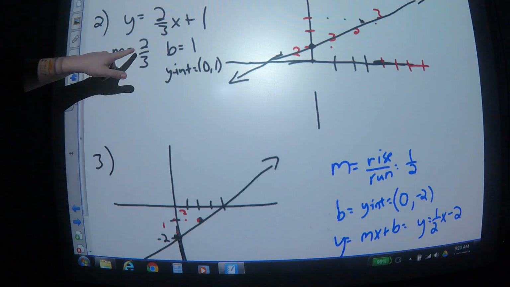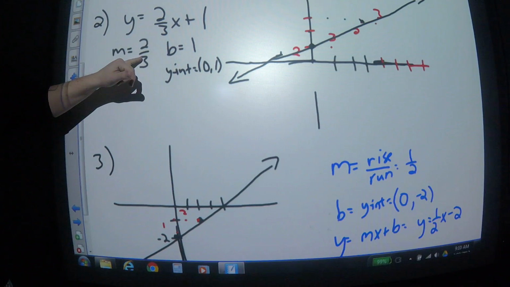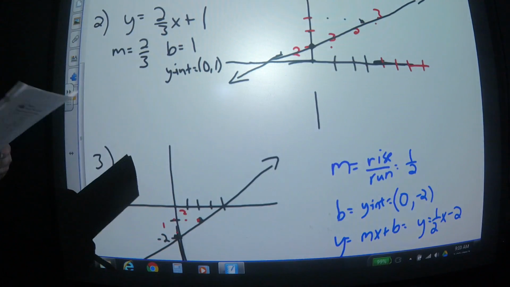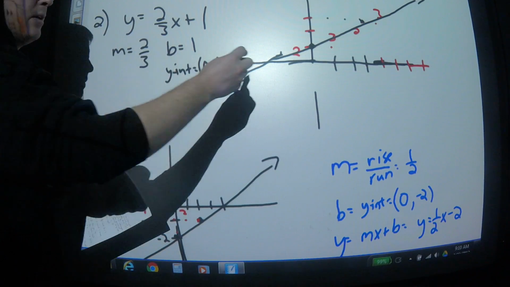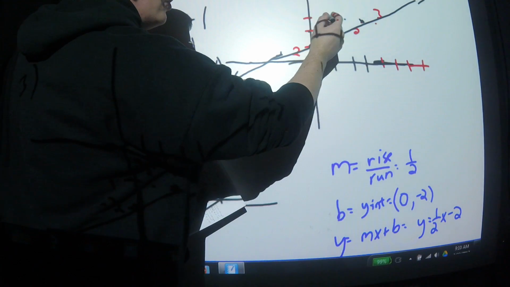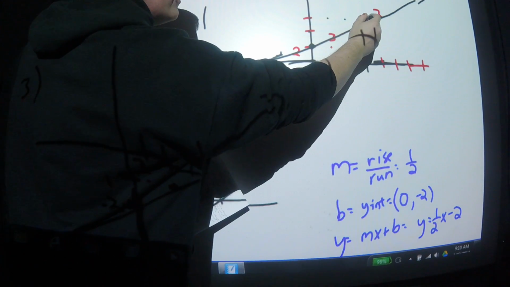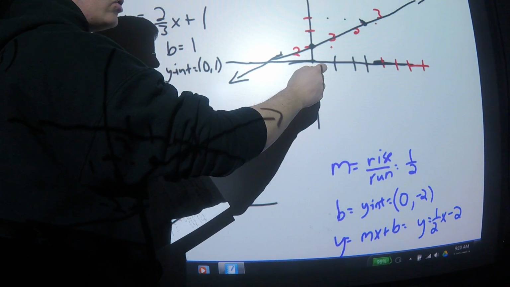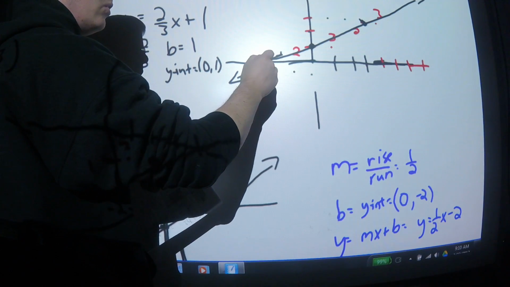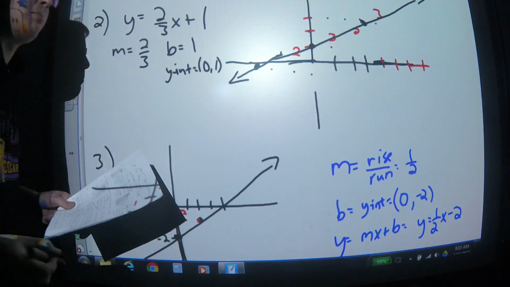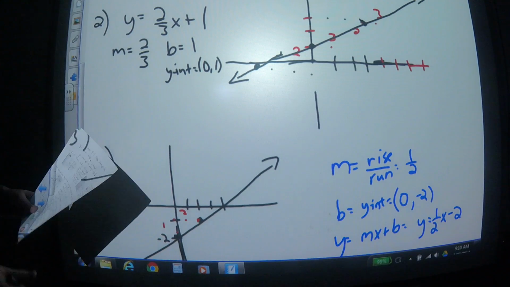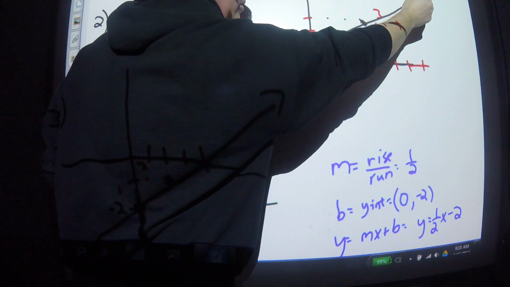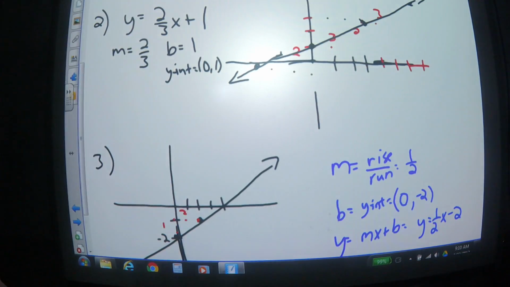Okay? So now, to be able to plot this line, if my slope is 2/3 and I know that my y-intercept is (0, 1), then that must mean that I can go up 1, 2 over 3, and plot this point. Then I could also go from here down 2, 1, 2 over 3, and plot that point. Or I could even keep going up this way, 1, 2 over 3, and plot those points.